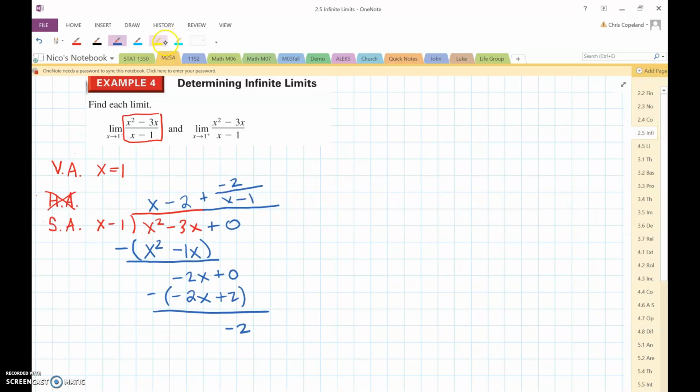So this is known as the quotient. And this part here is going to be my slant asymptote. So I'm going to have a slant asymptote at y equals x minus 2. Now I'm going to use the vertical asymptote and the slant asymptote to begin to graph this function.